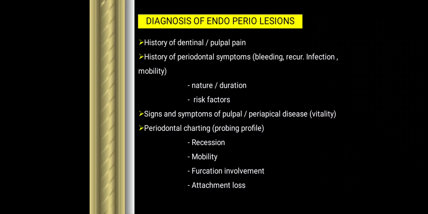Signs and symptoms of the pulpal and periapical disease and pulp vitality test will be carried out. Periodontal charting will be done by doing the probing profile, and we have to check the recession, mobility, furcation involvement, and attachment loss clinically.